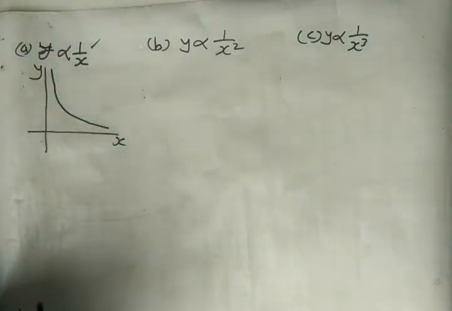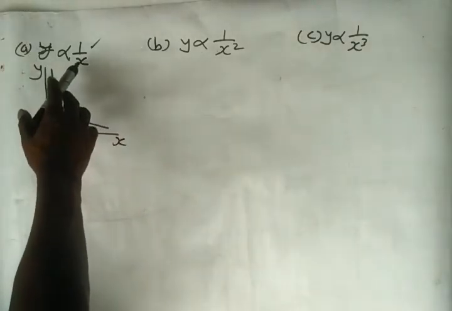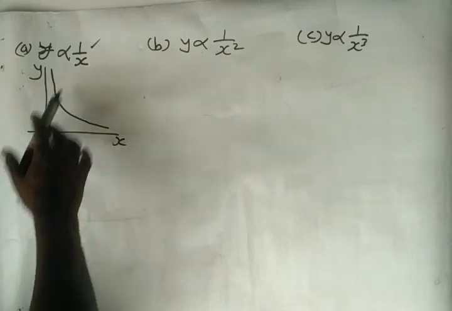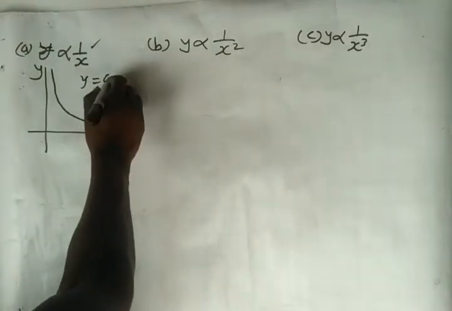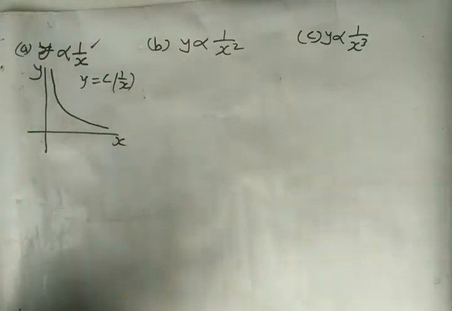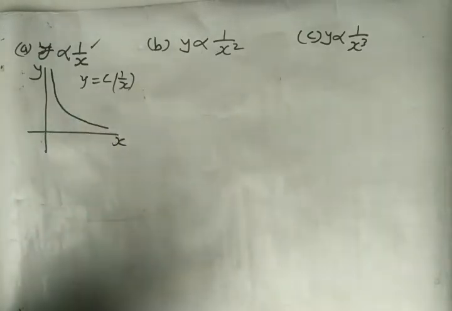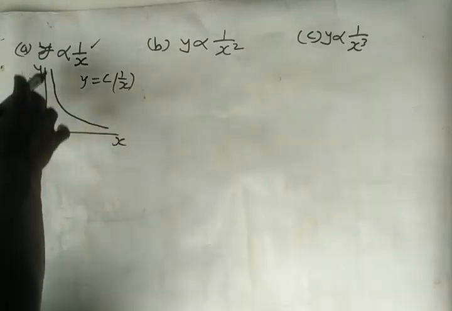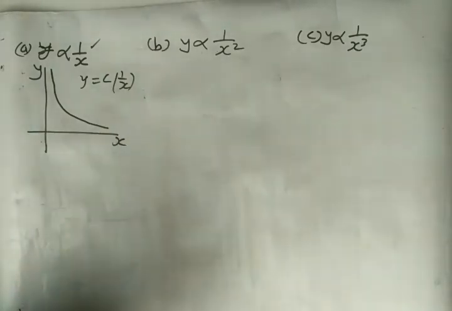So briefly I will tell you, if I could put x equal to 0 here, y will be equal to some constant c into 1 by x. So if x equal to 0, y will be equal to infinity, and if x equal to infinity, y will be equal to 0. So at infinity level, this graph will meet the x-axis and y-axis.